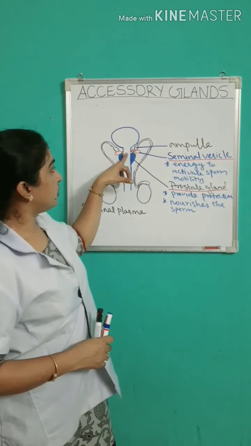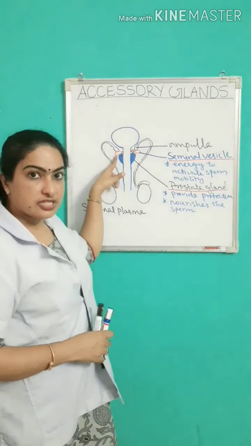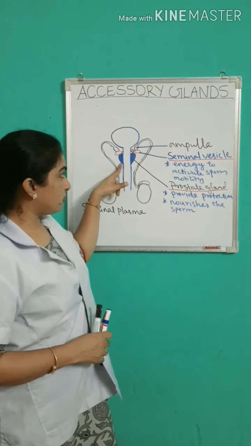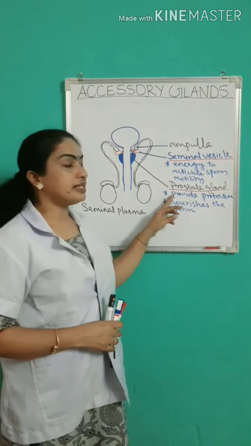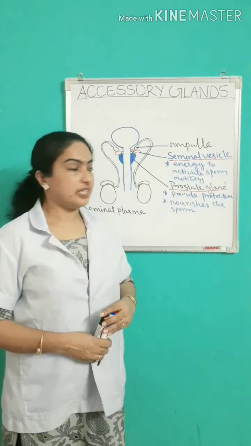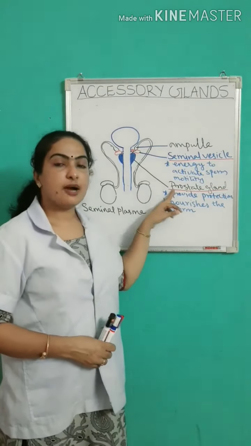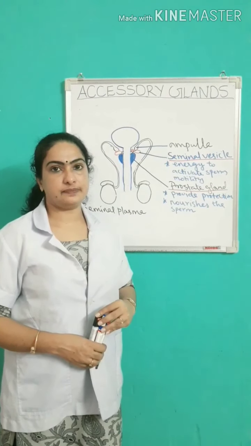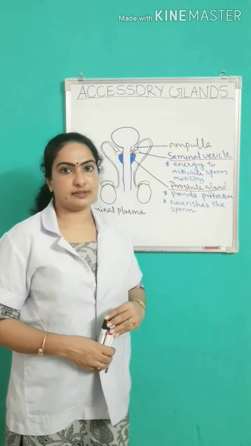So before reaching the urethra, the seminal vesicle adds its secretions to the sperm, and the prostate gland also adds its secretion, and that provides a fluid nature to the sperm. So we can say the secretions of the seminal vesicle and prostate gland provide fluid nature and nourishment to the sperm, and that makes the further transport of sperm easier.